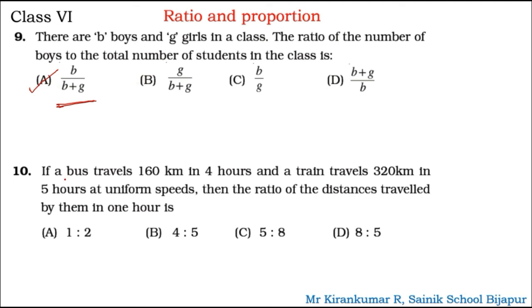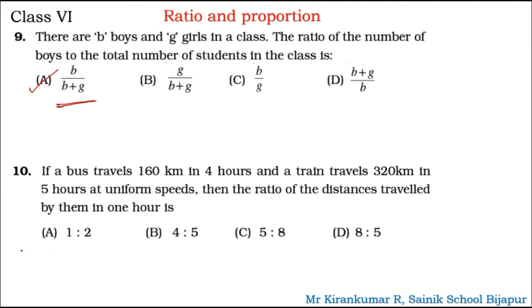Question 10. If a bus travels 160 km in 4 hours and a train travels 320 km in 5 hours at uniform speeds, find the ratio of the distance traveled by them in 1 hour. So we need to find out the distance covered by both the bus as well as the train in 1 hour.